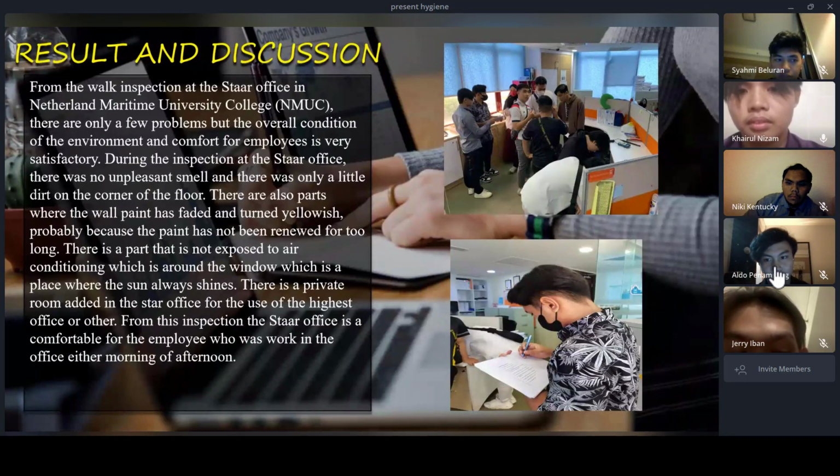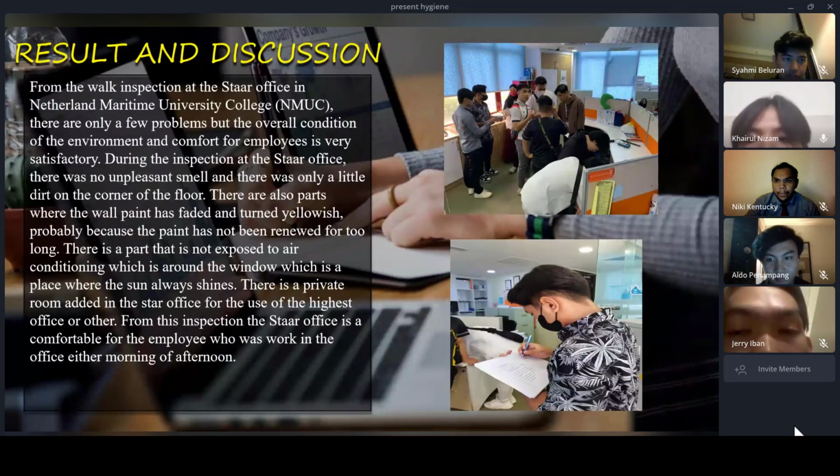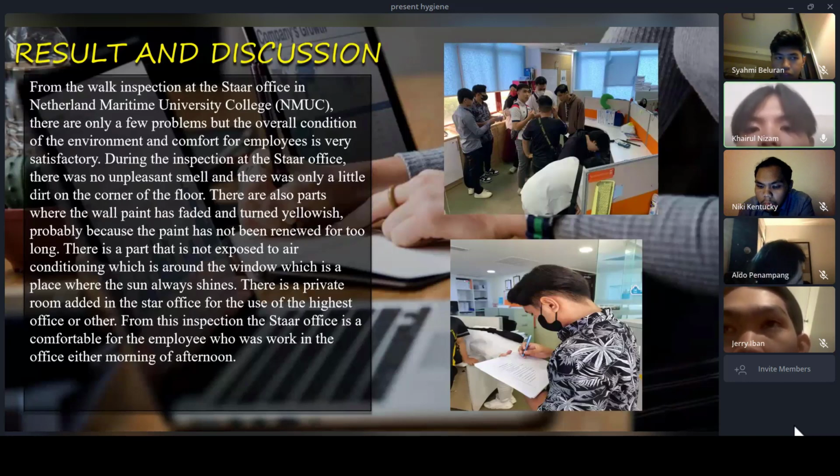From the workstation at the STAAR office in Netherlands Maritime University College, there are only a few problems, but the overall condition of the environment and comfort for employees is very satisfactory. During the inspection at the STAAR office, there was no unpleasant smell and there was only a little dirt in the corner of the floor. There are also parts where the wall paint has faded and turned yellowish, probably because the paint has not been renewed for too long.